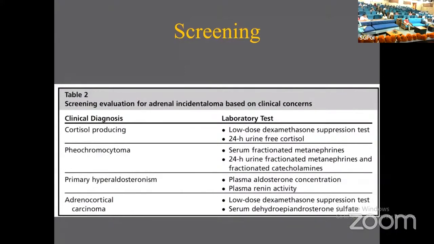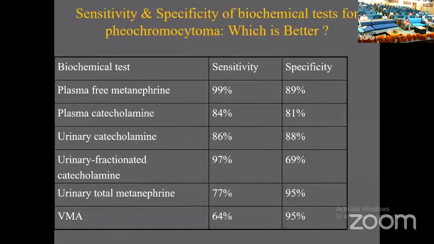Coming to pheochromocytoma, it's always a question that is asked, which is better, a plasma-free metanephrine or a urinary metanephrine, normetanephrine. In my practice over the last 25 years, our endocrinologists are very happy with urinary fractionated metanephrine, normetanephrine, which gives excellent results.